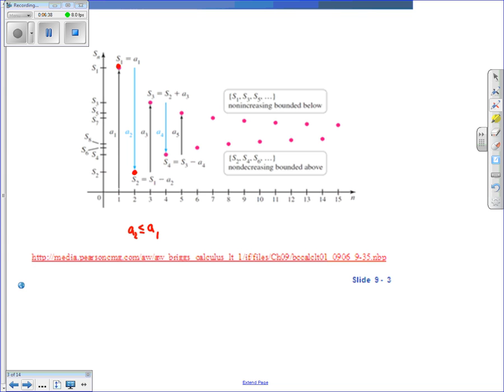Well, likewise, when I go to add my A3 term to it, A3 is less than or equal to A2. It's smaller than A2. So if I came down from here to here, if this distance here was A2, and now I'm going to add back A3, which I know is smaller than A2, then I know I'm not going to get as high as I was up here.